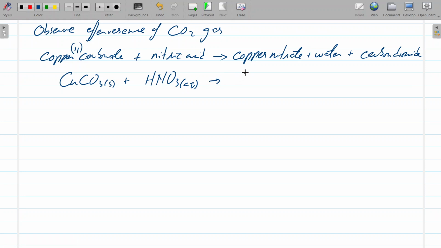It will give you Cu(NO3)2, which is also aqueous, it's a soluble salt, plus H2O, which is a liquid, plus CO2, which is a gas.